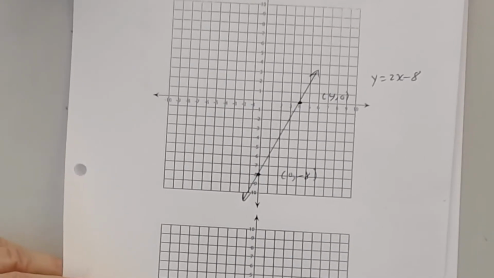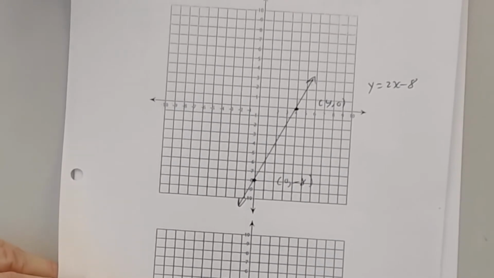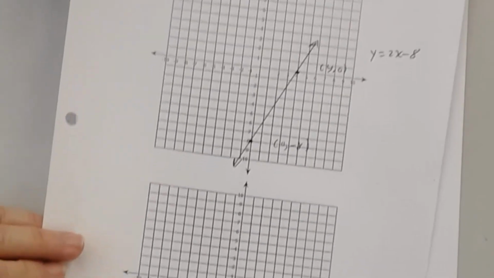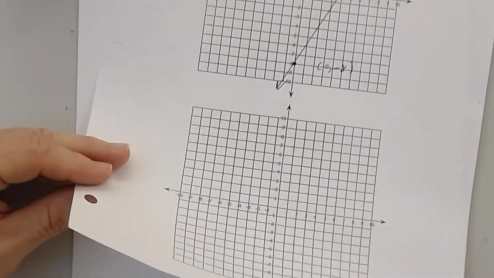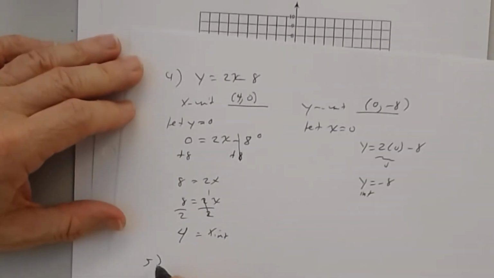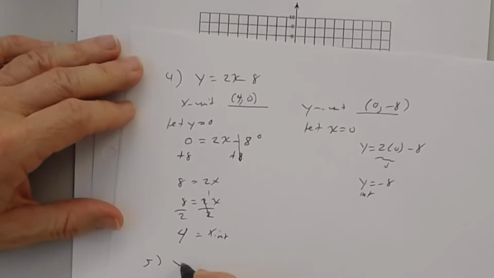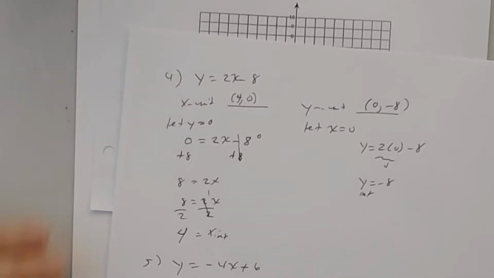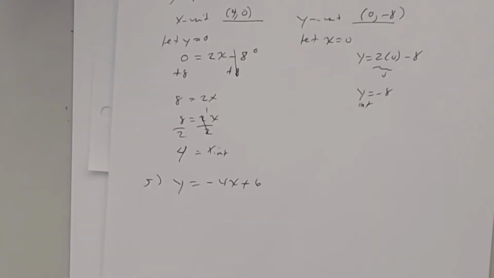Let's look at number 5. Suppose you had y equals negative 4x plus 6.